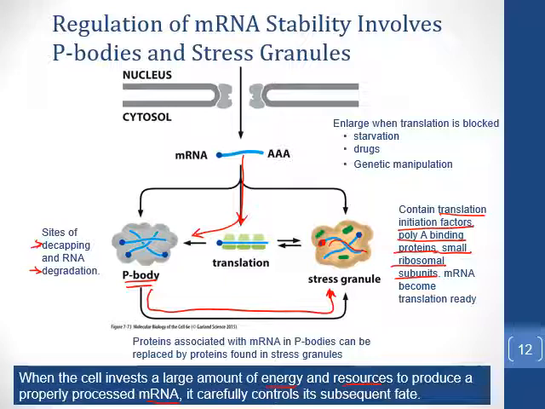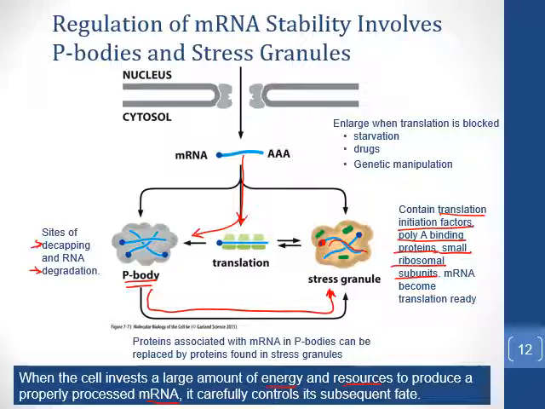It's not just a matter of whether the mRNA is going to bind and start translating it or not. It's whether it retains its cap, whether it retains its poly-A tail, whether it's in a stress granule, whether it's in a P-body. All that stuff is going to matter. So you can see how important it is for the cell to control the fate of that mRNA.